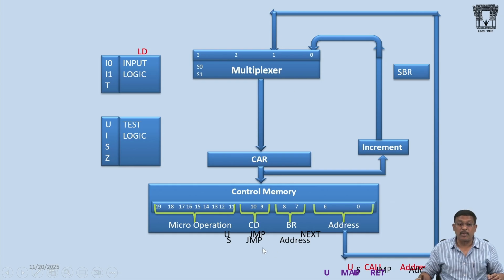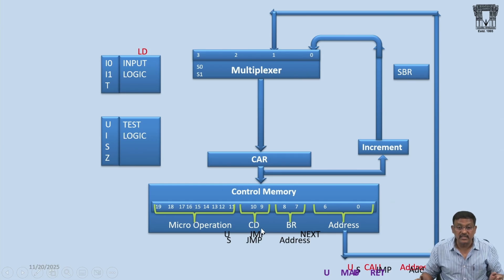Because this jump is called branching, a branch to some other location, provided your condition is true. If the condition bits are 0, 0 and the branch bits are 0, 1, unconditionally jump to this address. Got my point? So unconditionally jump to this address.